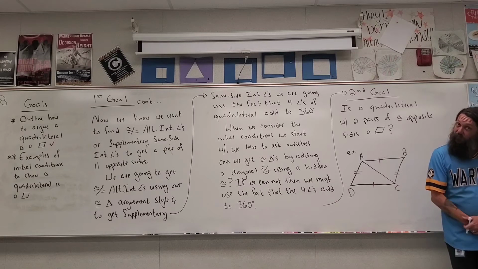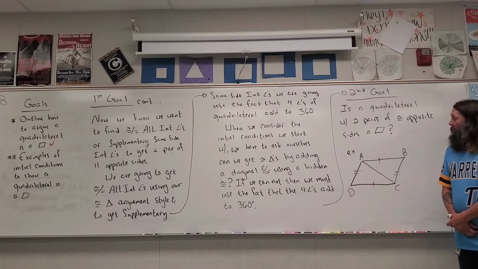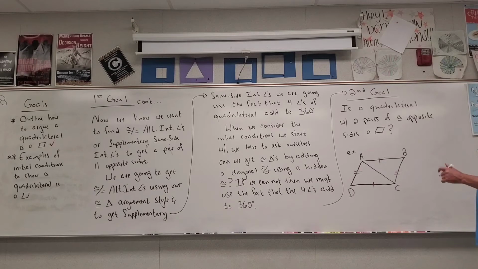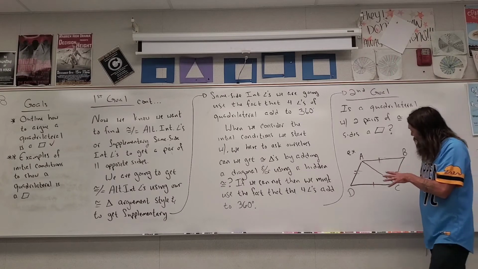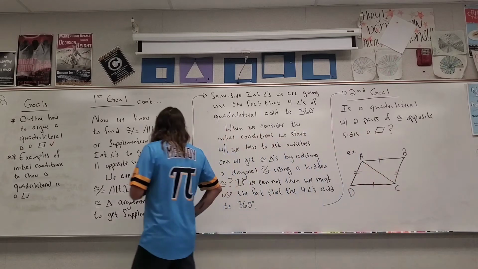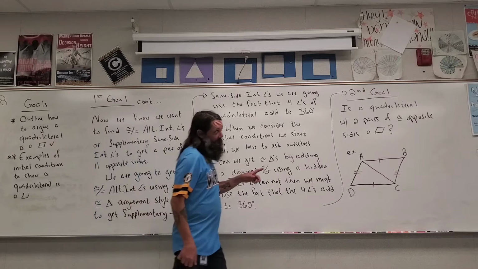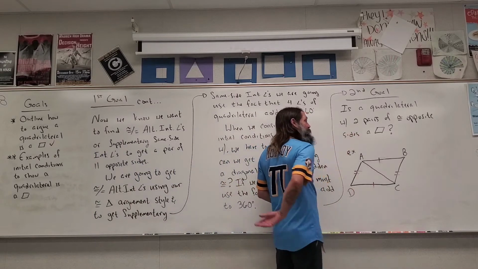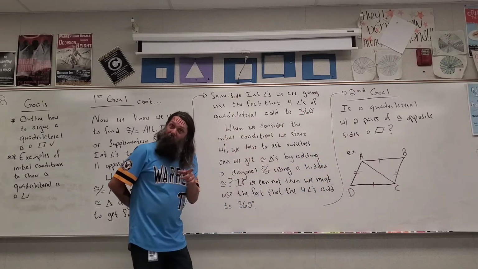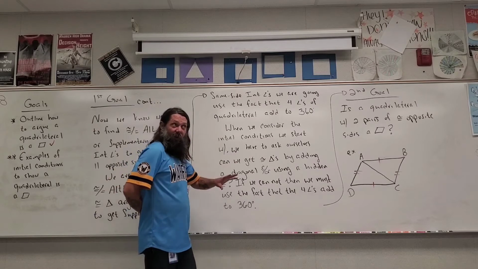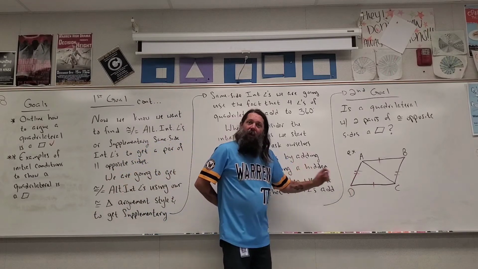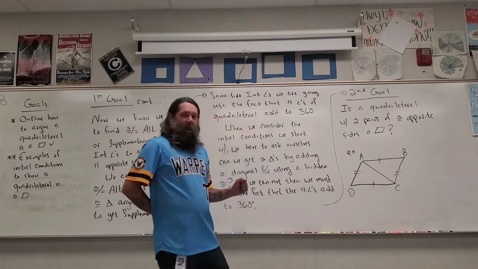Do I have a hidden congruence that allows me to get that? So why don't you take a second, see if you can figure that out, see where the argument goes, and see if you can determine if I have parallel opposite sides. And if you can, that means that this initial condition is good enough to have a parallelogram. So let me clean this up. I will continue with this example. I'll be back.